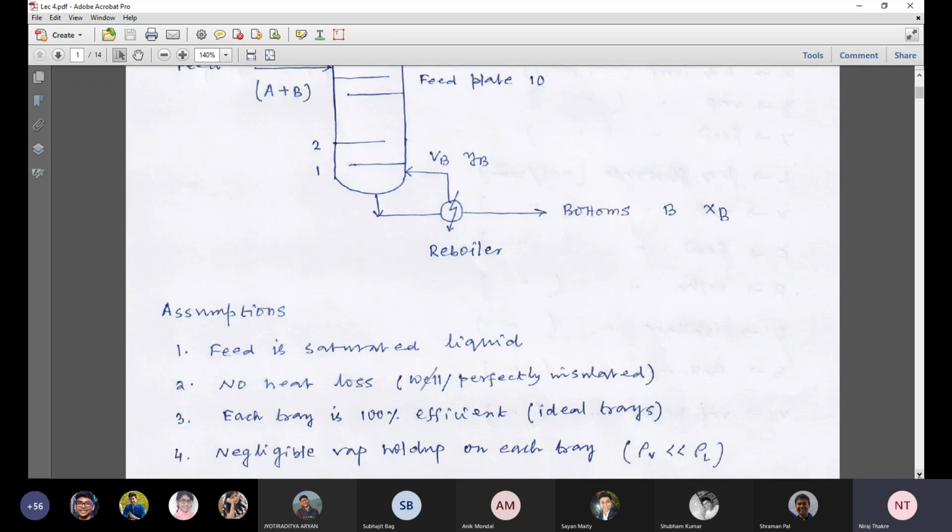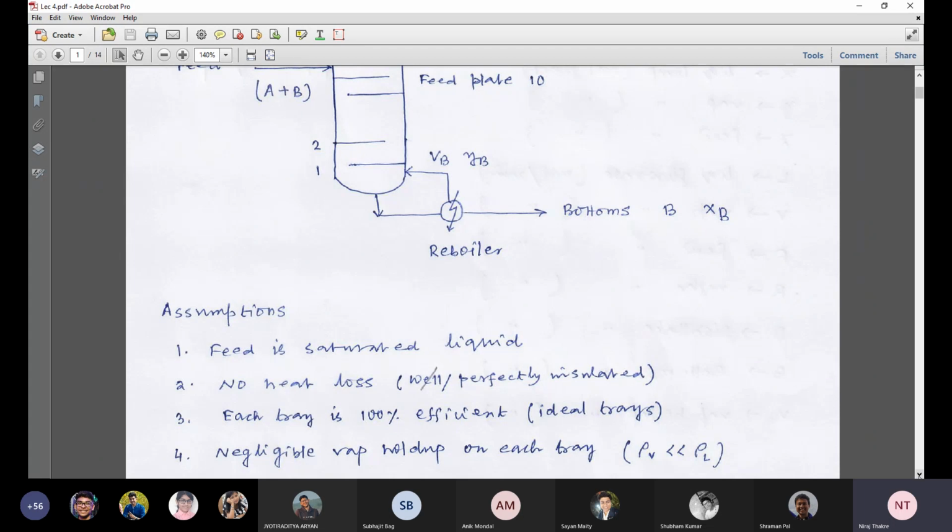Fourth assumption: negligible vapor holdup on each tray. See, this holdup we represent by the unit mole. So naturally, this is a reasonable assumption. We can neglect the vapor holdup.